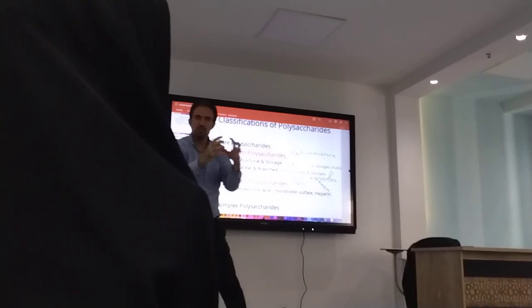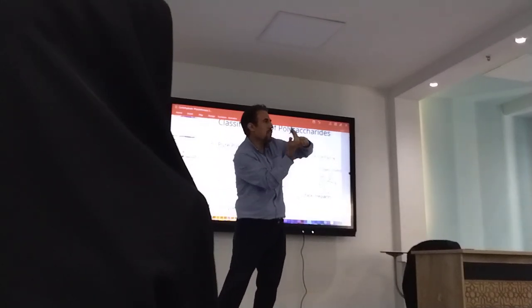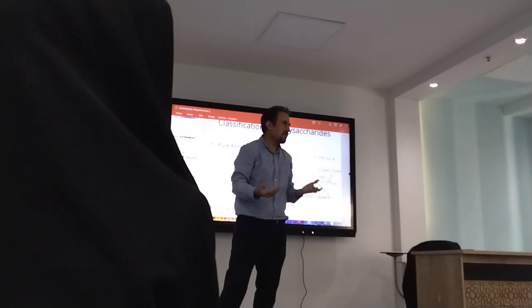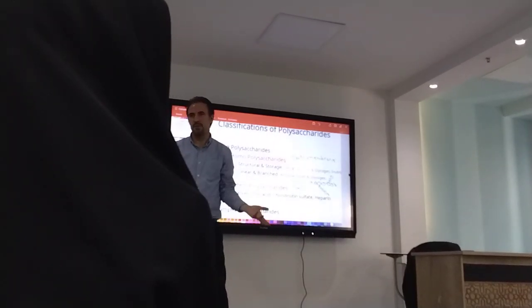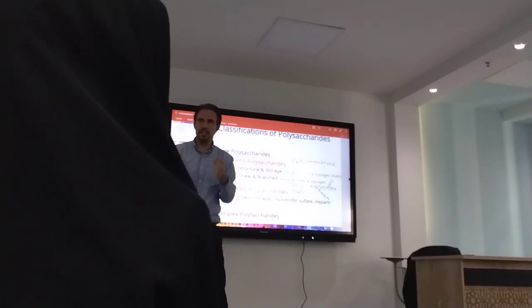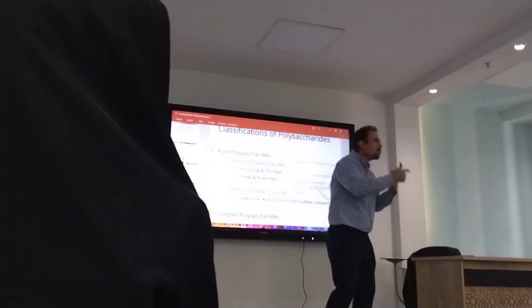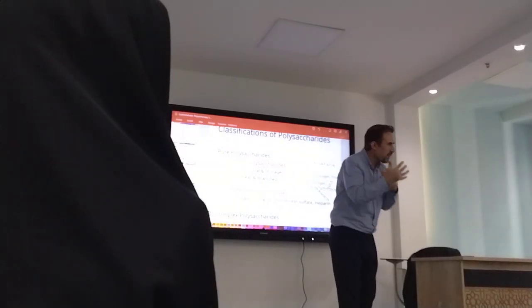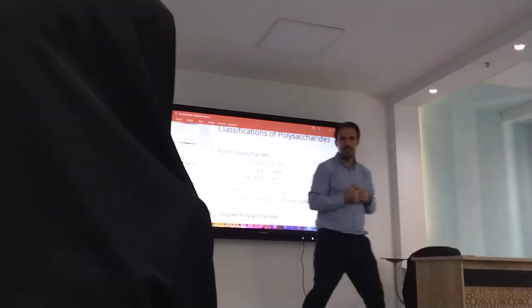We don't have the enzyme to digest that binding. Because of that, when you consume vegetables, it doesn't produce energy for you. They are healthy for your intestine because they absorb water and keep your intestine moving gently to digest everything.